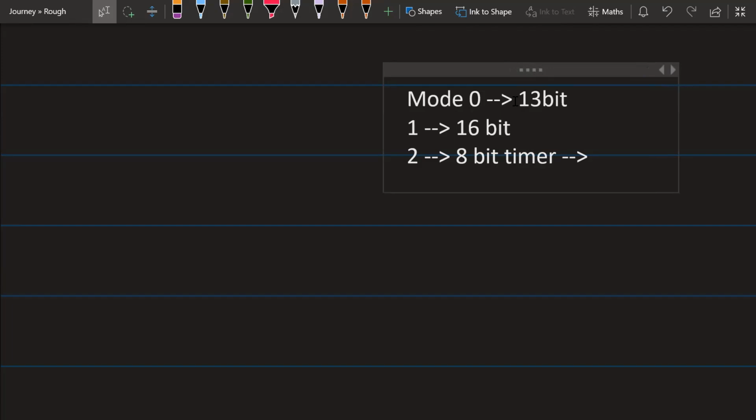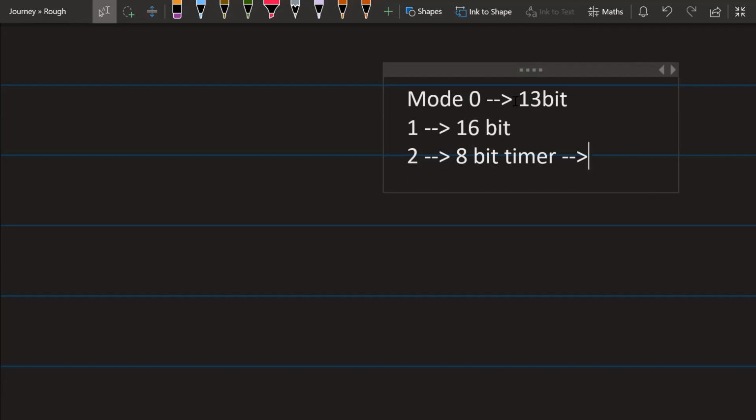If I want to operate this timer from 0 to 10, after 10 it stops at that point in the 16-bit or 13-bit mode. In the auto reload mode, it goes from 0 to 10, then again comes back to 0 automatically.